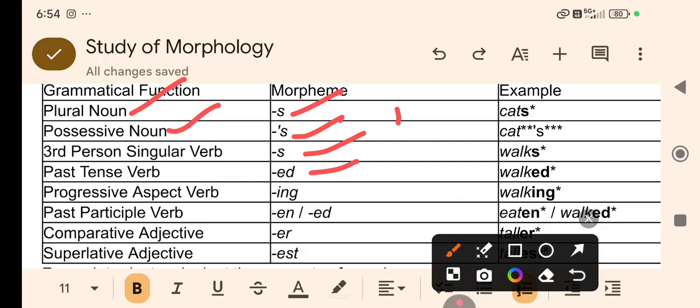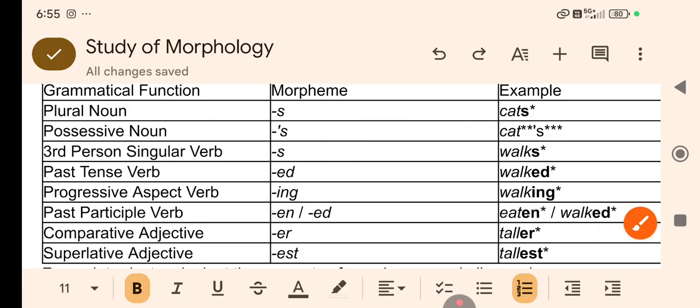Progressive aspect of verb, like doing, writing. Then past participle, played, right? And then strength, strengthen. Then comparative, taller, and superlative, tallest.